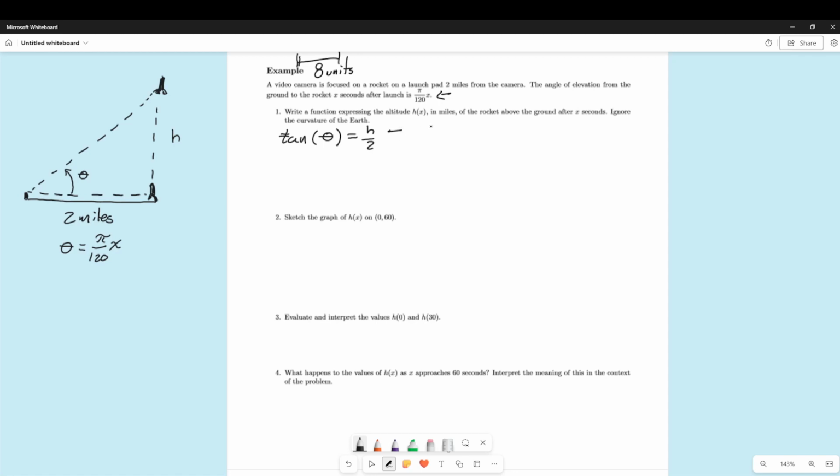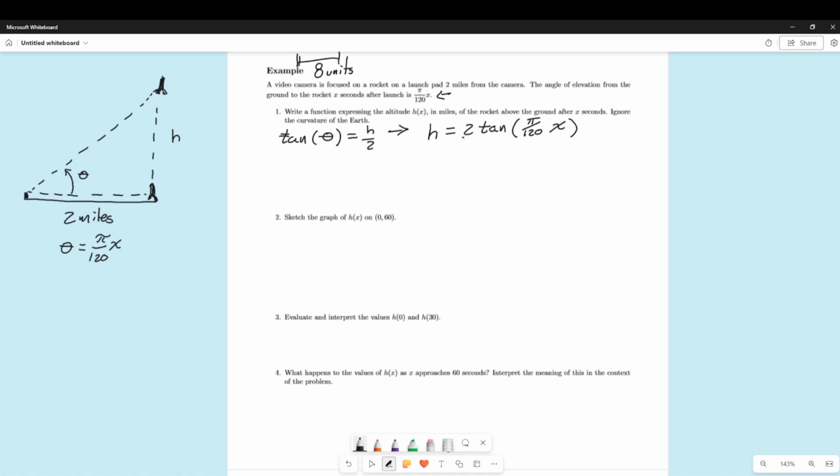So our height is going to be 2 times the tangent of our angle, but our angle is that pi over 120 x. So that's what we're asked to graph.